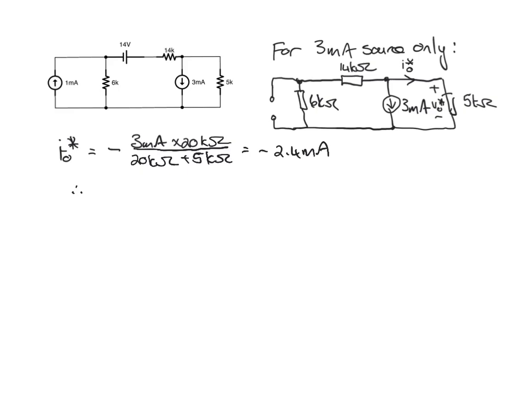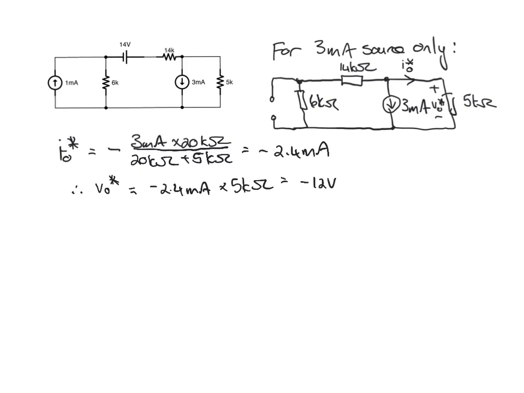So VO star is equal to minus 2.4 milliamps times 5 kilo ohms, and that's equal to minus 12 volts.